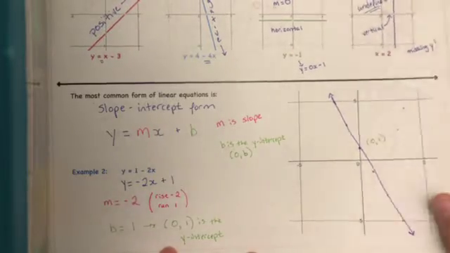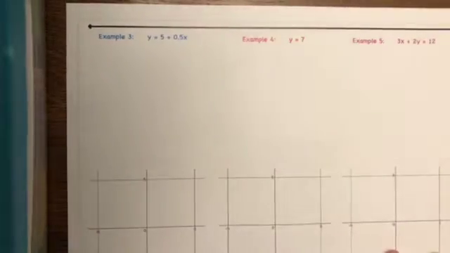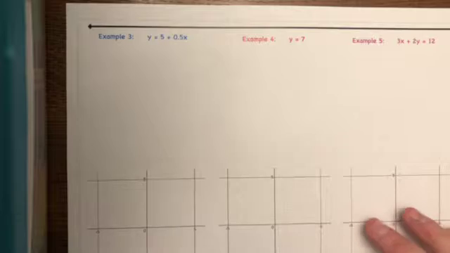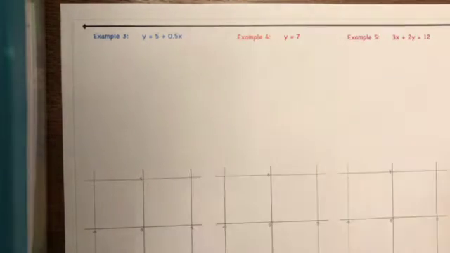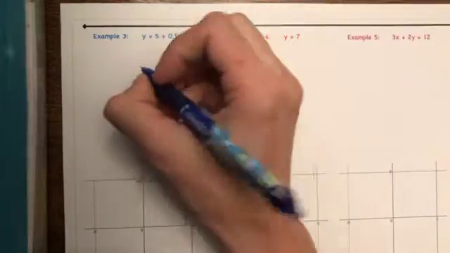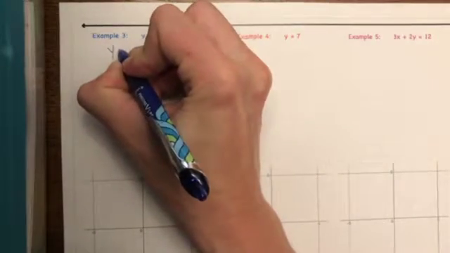So turning your paper over, we're going to do a couple examples. So these examples are to help us graph and interpret these slope-intercept forms. So again, we'll start here. I'm going to rewrite this one again just to help my numbers be a little more clear.